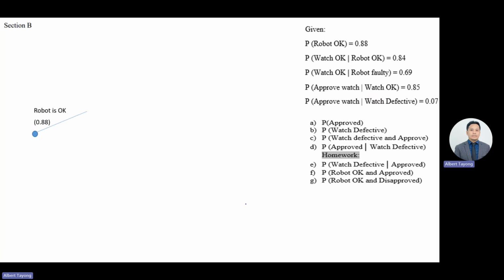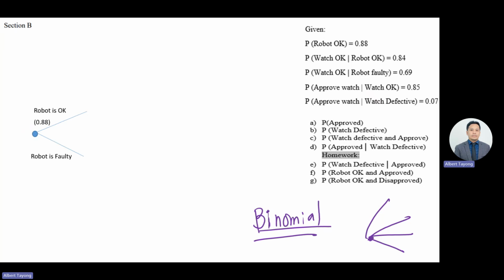It is always binomial in this scenario, because we have only two, robot okay and not okay. But in reality, it can be trinomial or more. It can have 3 branches or more. So here we have only 2 branches.